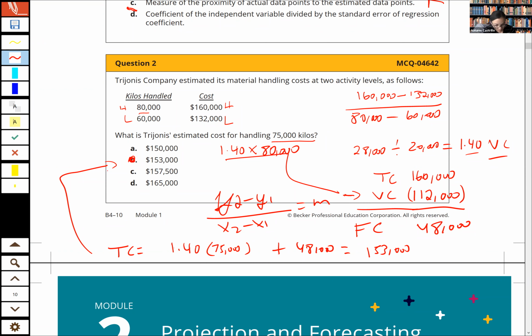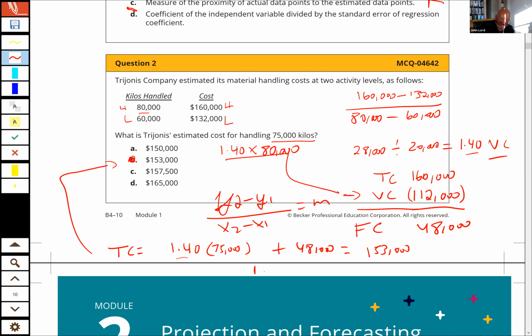Now, here's the big prize. Predetermined overhead rate. Who's got it for me? 1.40? I don't think so. 1.40 is my variable cost per unit.